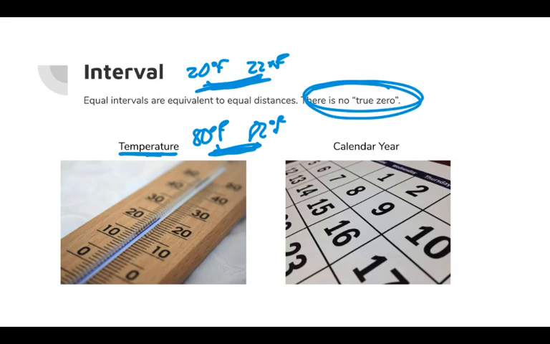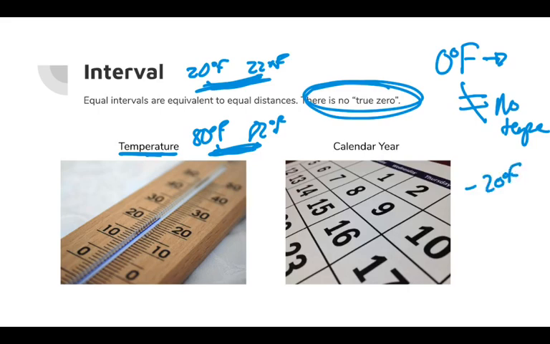What that means is when I say that it's 0 degrees Fahrenheit outside, this does not equal no temperature. 0 degrees Fahrenheit is just some random temperature on the scale, because it can be negative 20 degrees Fahrenheit. Not that we would want it to ever be that cold, but it can be. Negative values have a real physical meaning in these scales, in interval scales.